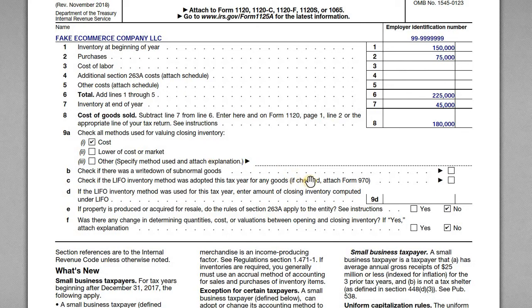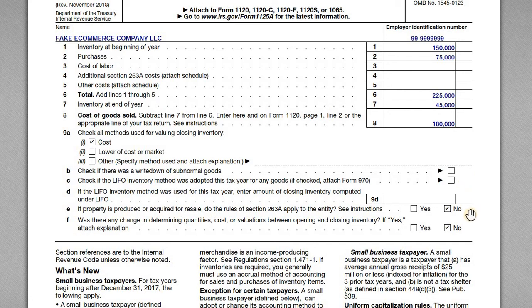And then, of course, if there were any other adjustments, right? So, for example, if you change your accounting method for valuing ending inventory, if LIFO inventory was adopted during the year, you would check the box here and include a 970 form. But again, in this case, that's not what we're doing.